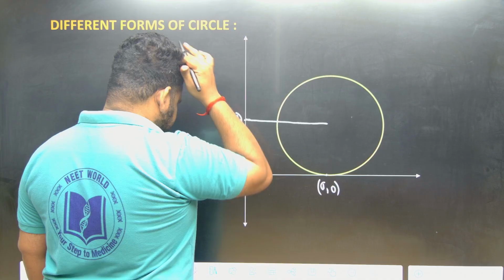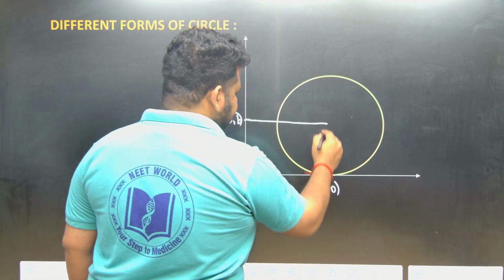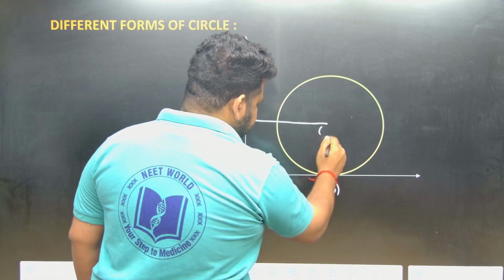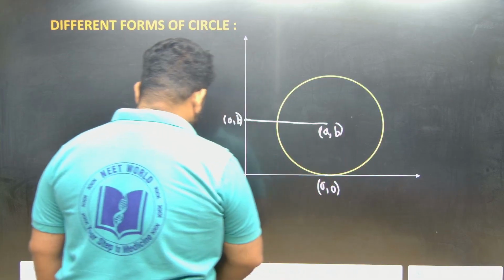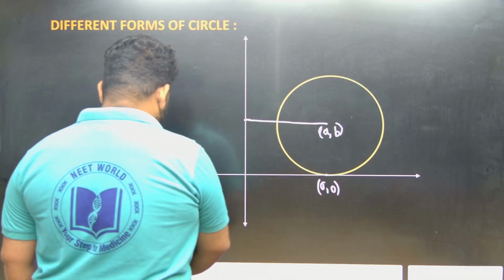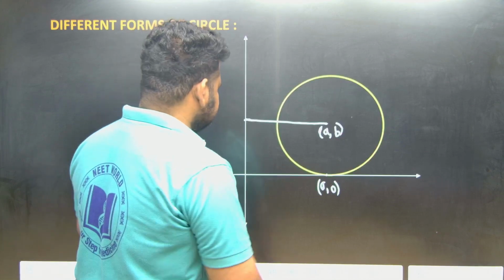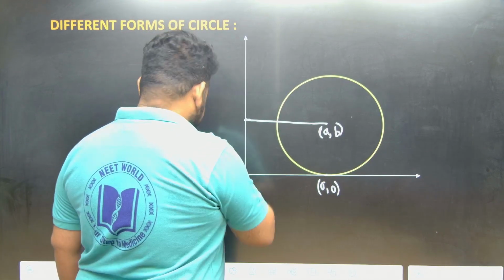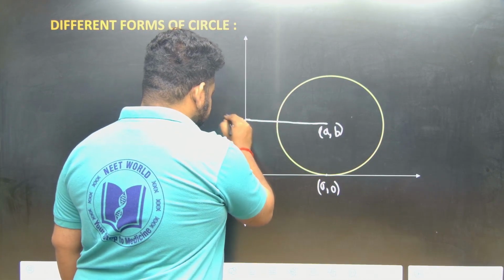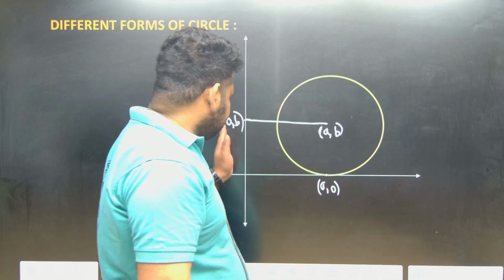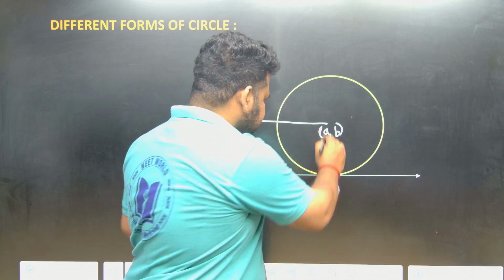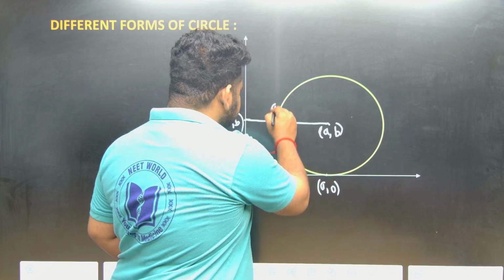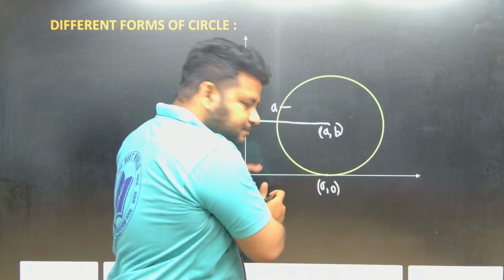Let this point be, if it is a, here also it will be a. If this is b, this will be b only. Now this is 0 comma b. The distance from here to the center is nothing but a, because it is parallel to the x axis.